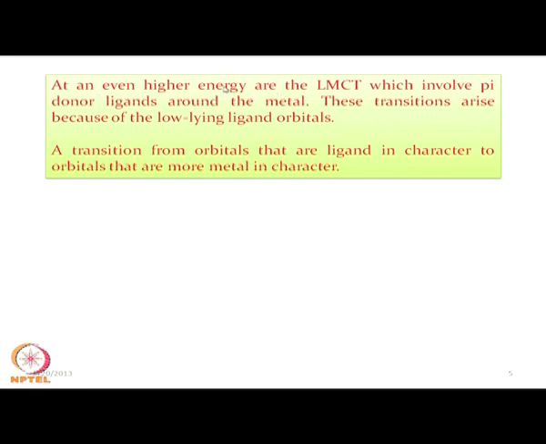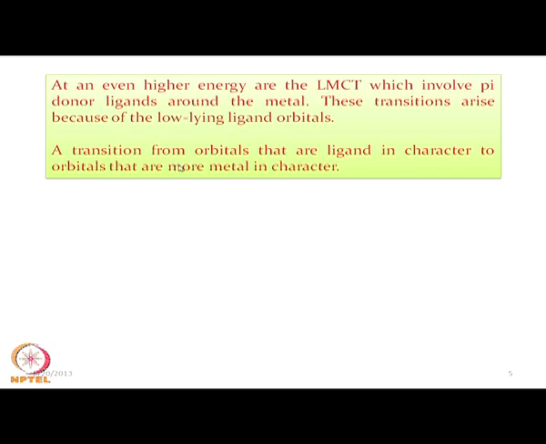So, at an even higher energy are the LMCT transitions which involve pi donor ligands. Just now we have seen the pi acceptor, but if we have pi donor ligands around the metal, these transitions can also take place because of the low lying ligand orbitals. If we have low lying ligand orbitals like the sigma, we can also have pi donor ligands which are of low energy compared to the metal d orbitals.